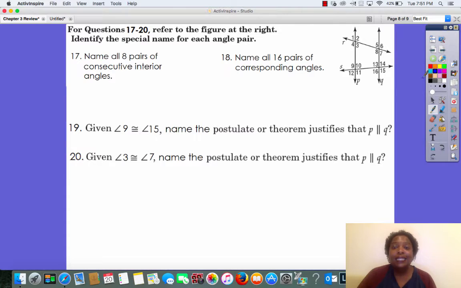Name all 16 pairs of corresponding angles. Alright, corresponding angles, remember, same location, just shifted down along the transversal. Alright, so again, we're going to go the first set. So here we have angle 1, angle 5. Notice they're both going in the same direction.